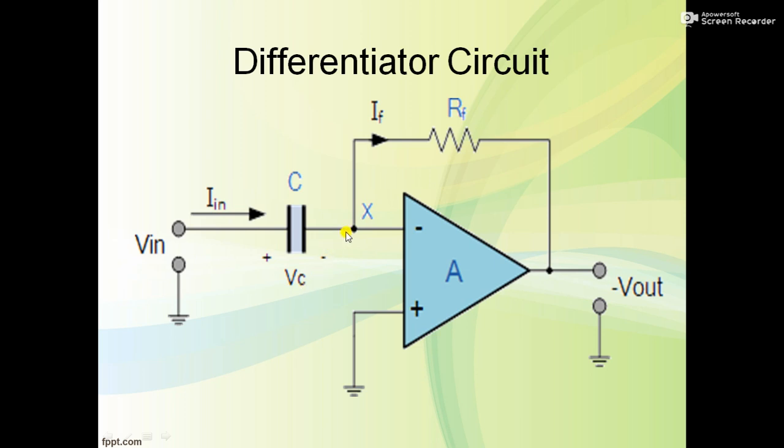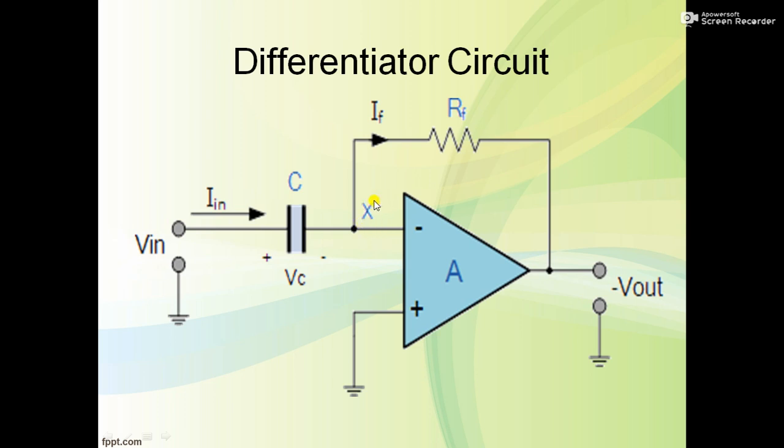At the same time, the same amount of current is also flowing through the feedback path, that is through the feedback resistance, that is IF. Then we get a sufficient Vout voltage in the form of differentiation of the input voltage.